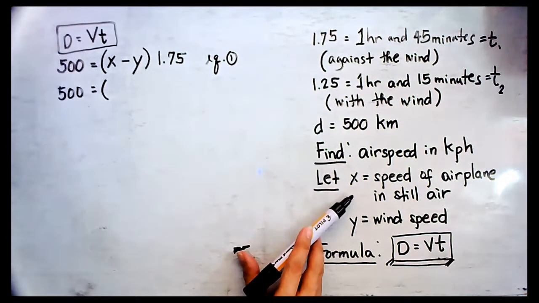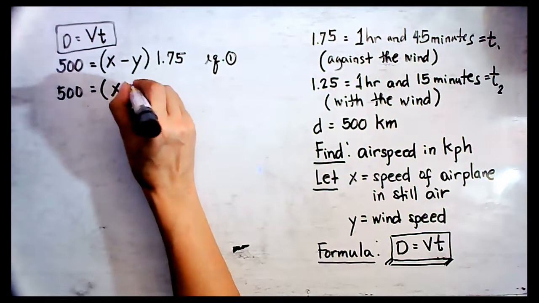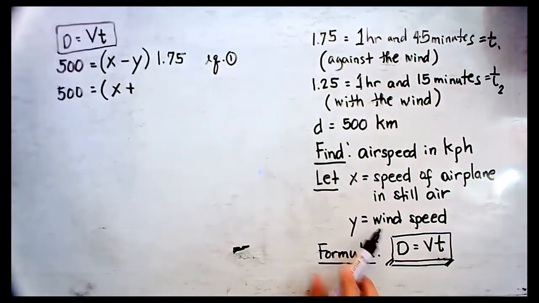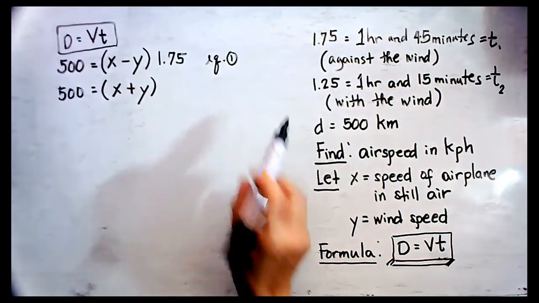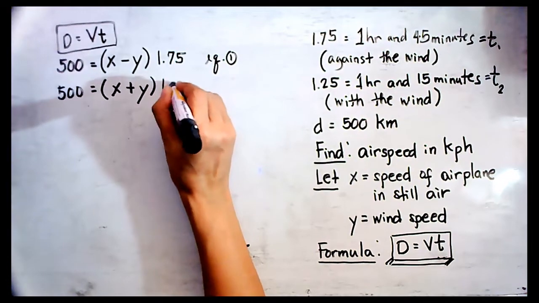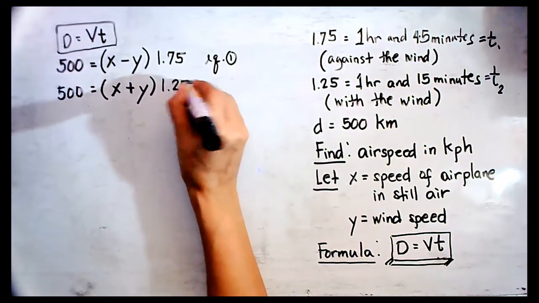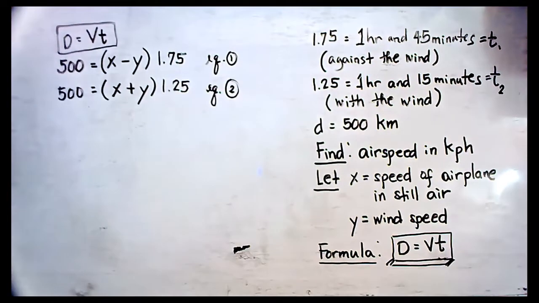So aside from the speed of the airplane at the still air, idadagdag natin ngayon yung speed ng air. So plus y. And then it only took about 1.25 hours. So this is our equation number 2.